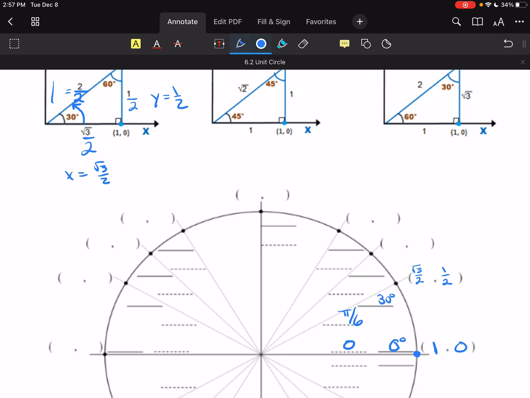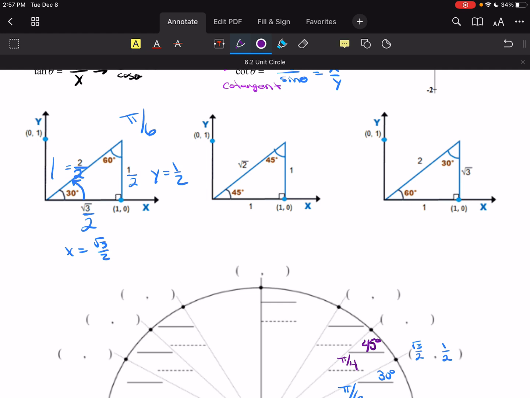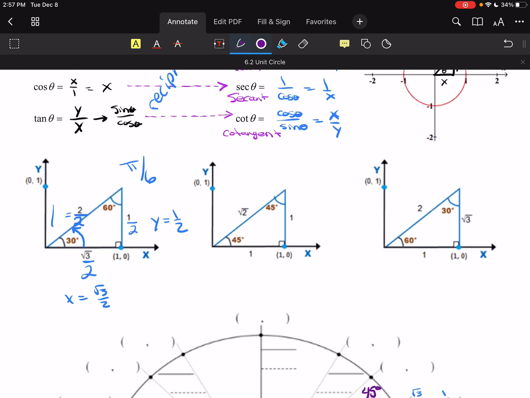Now let's do that same process for the next special right triangle, so that 45-degree measure. Now we're going to look at 45 degrees on the unit circle, which would be here. And that goes with pi over 4. So again, getting my hypotenuse to equal 1, so that it fits inside my unit circle, I'm going to divide by square root of 2.